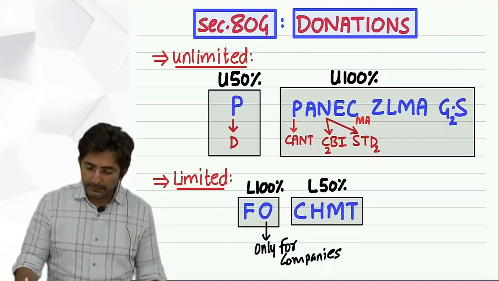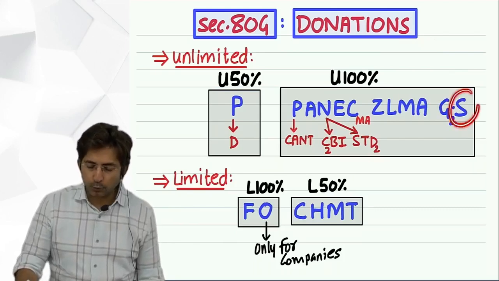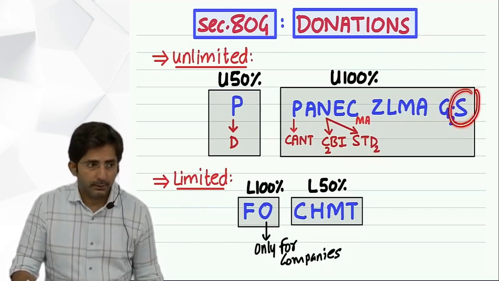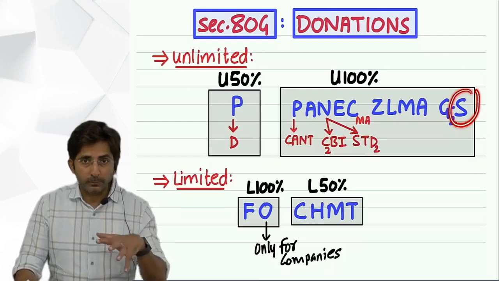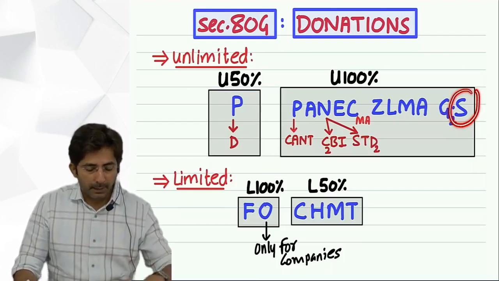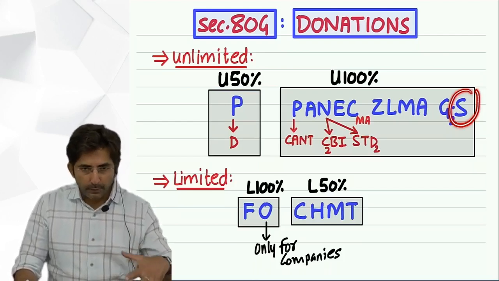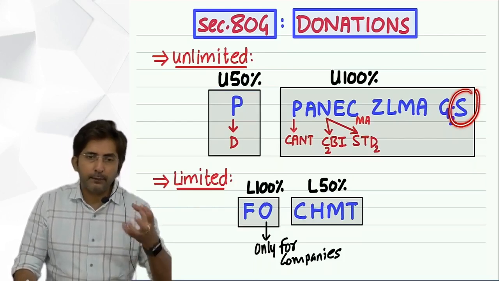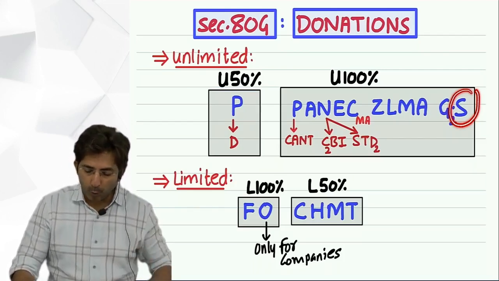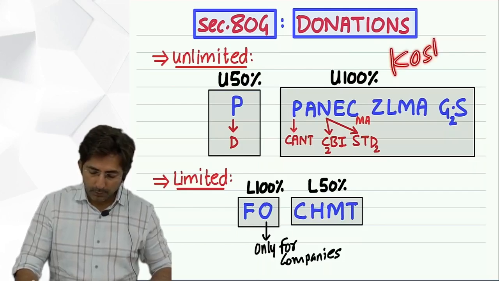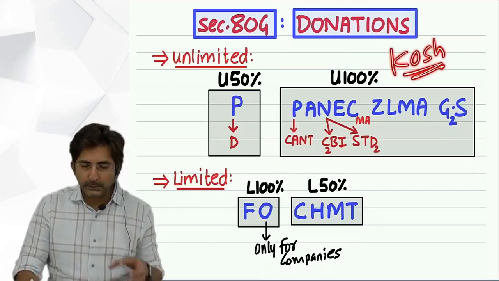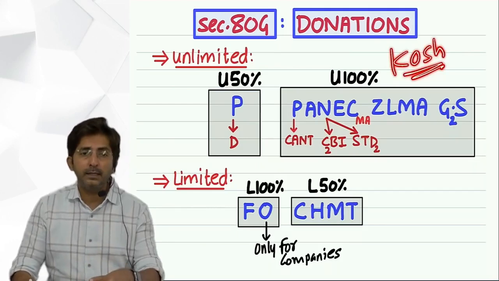Okay. Then S stands for Swachh Bharat Kosh. This is the Hindi word. Swachh means cleanliness. Bharat means India. So for cleanliness in India, we are collecting fund, and that fund is called Kosh. Actually, it means fund. It's a fund for cleanliness in India.